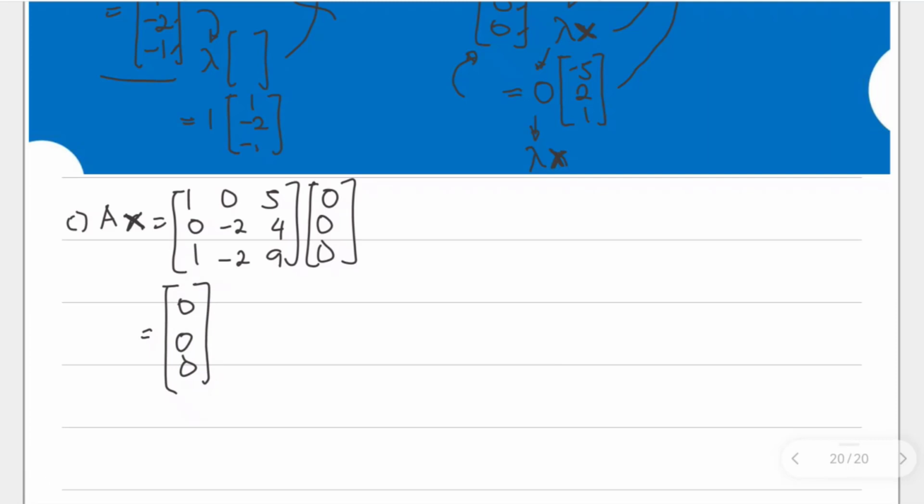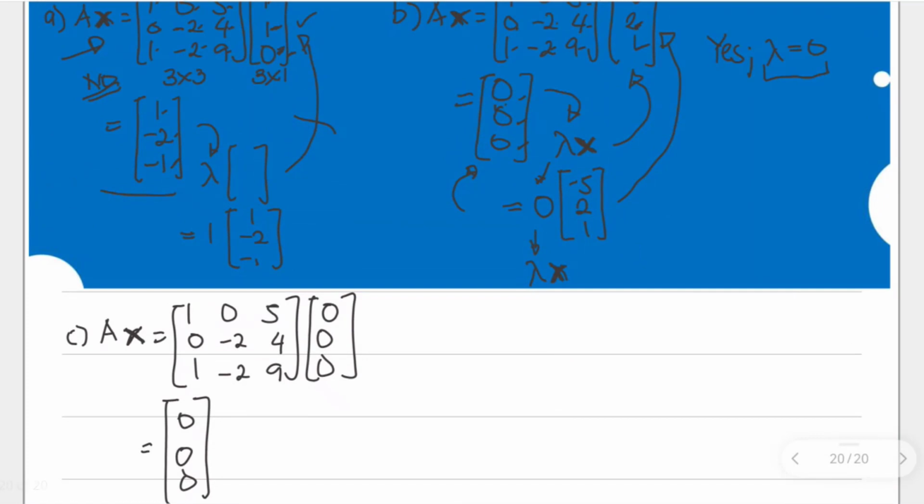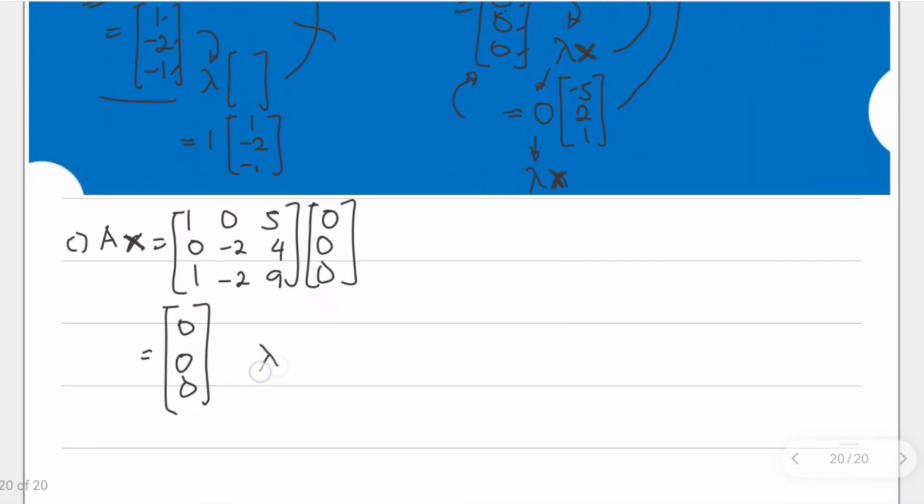And you might try to duplicate the same process from earlier with our vector b and say that your lambda is 0 times 0, 0, 0. However, per the definition of eigenvalue, it should be a non-zero vector x. This is actually a zero vector because all the entries in our vector are 0.